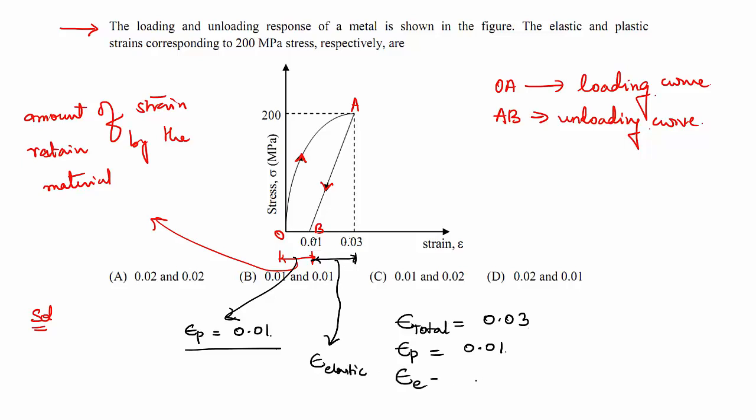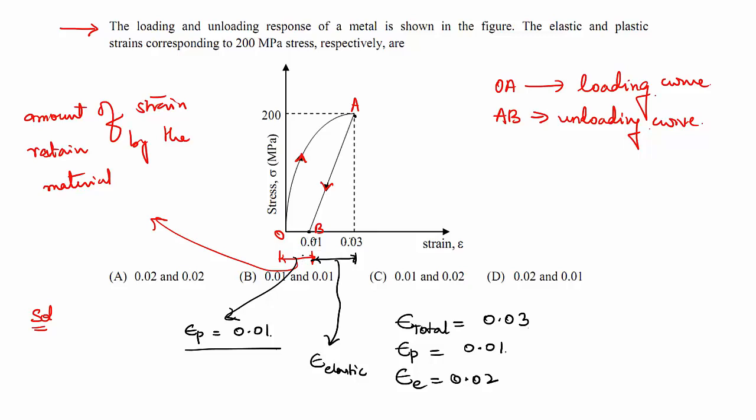So epsilon E is equal to 0.02. Okay, that is the recovered strain. At point A, the actual deformation is 0.03. Upon the removal of load, the deformation is reduced to 0.01.